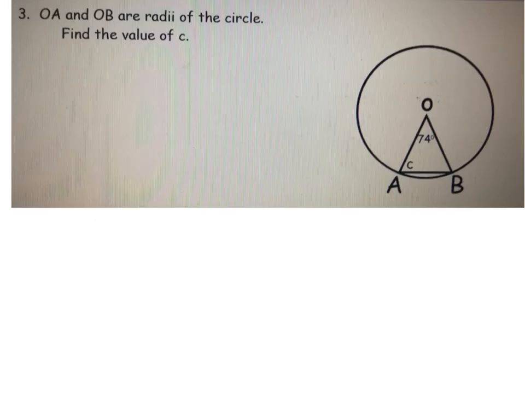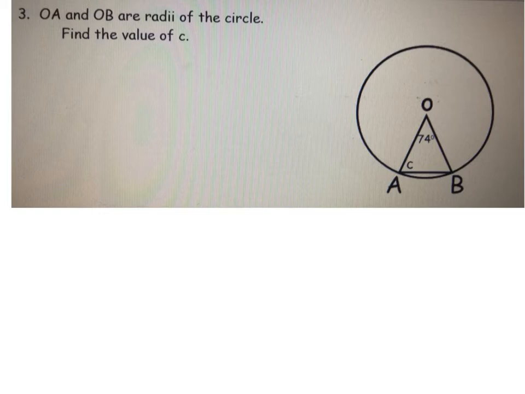So we're told AO, this line here, and OB, this one here, are radii of the circle. Find the value of C. Because that side is the same as that side, because they're both a radius, means we've got an isosceles triangle. So therefore, that angle is the same as that one.